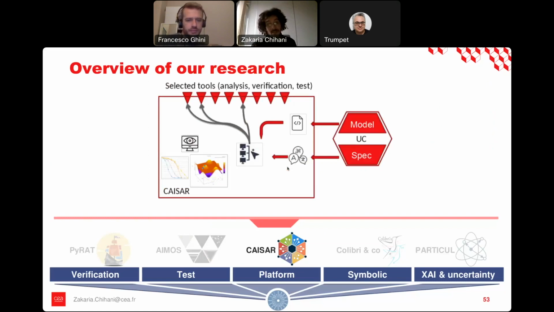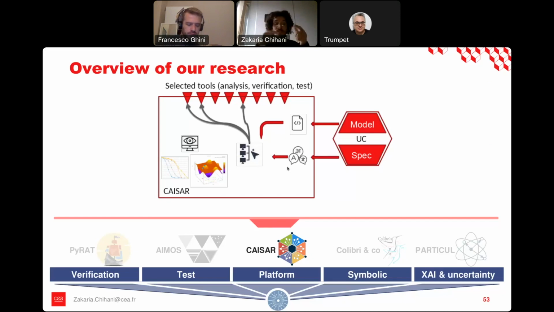Now the platform, Kaiser, which stands for characterizing AI safety and robustness. It's work in progress, obviously, but it exists and it already integrates many plugins, many tools. But the faraway goal that we want is to have it take as input a model and a specification, which will be the use case, and then encode the model and the specification, and generate from that large formal specification smaller and smaller bits of proof obligations.